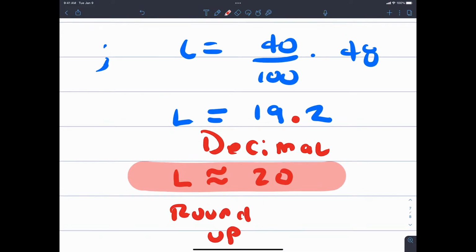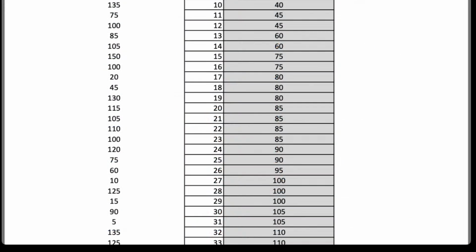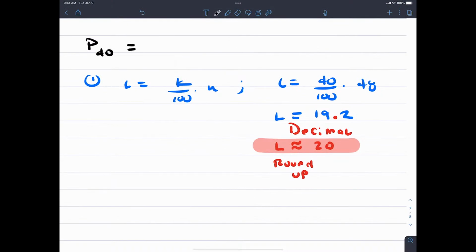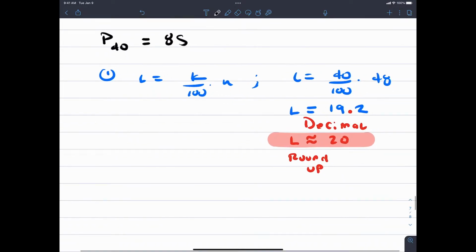So you're going to have to go to what data value now? 20. Okay, what do you guys see there? What's in the 20th position? 85. That means your answer is what? 85, ladies and gentlemen. Okay, 40% of the data is what? Is less than 85. That's what that means, okay?